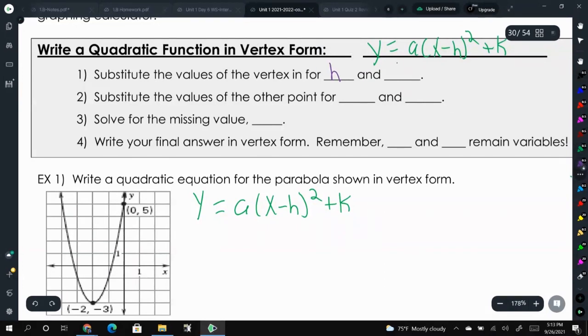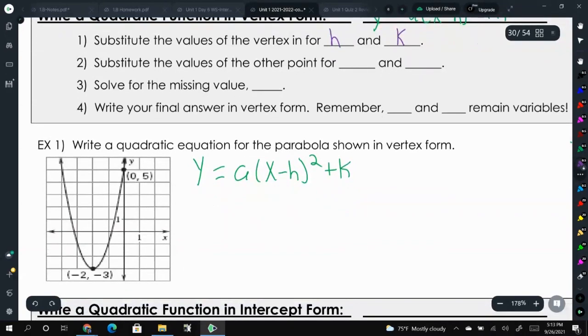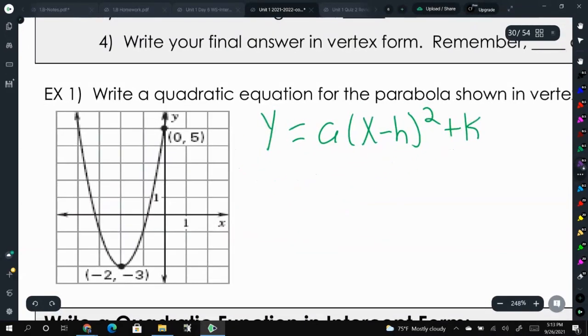That means we need to look at our graph over here and see where the vertex is. Okay, our vertex, we have h and k.